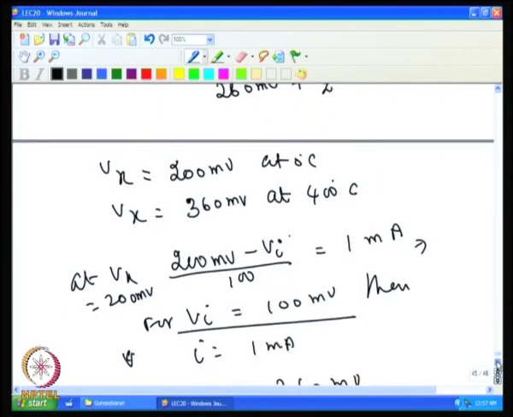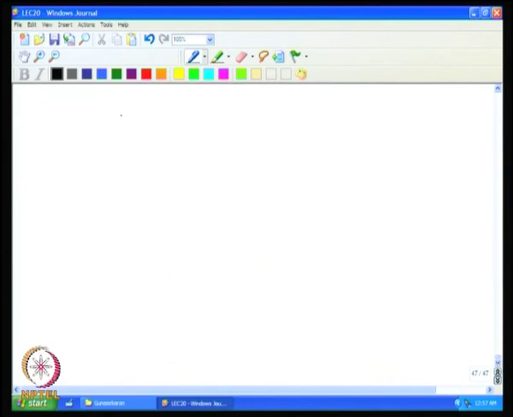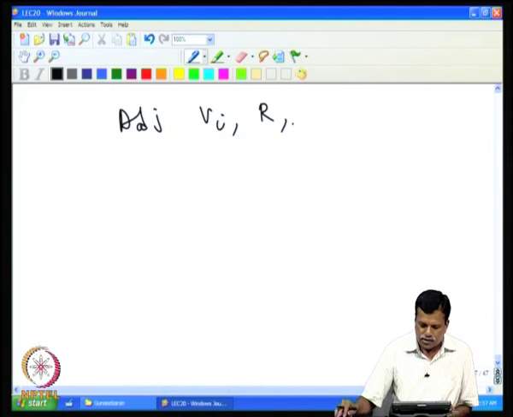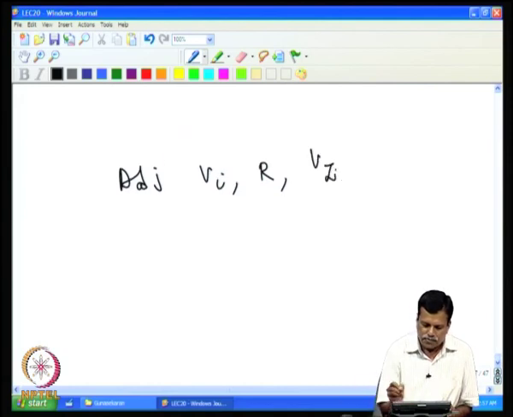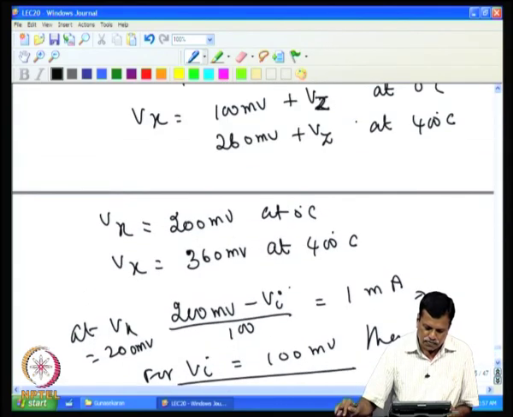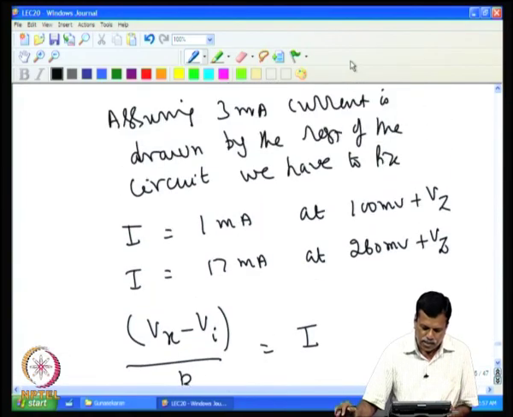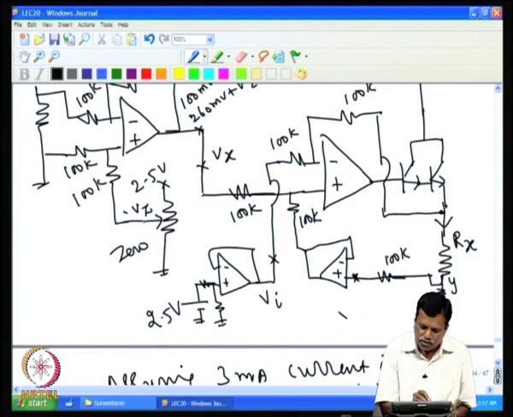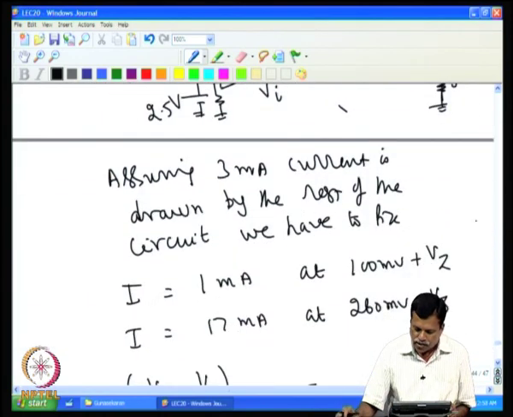One can adjust V0, then adjust the voltage Vi, and then adjust this Rx, actually this Rx is not R, so it is Rx.